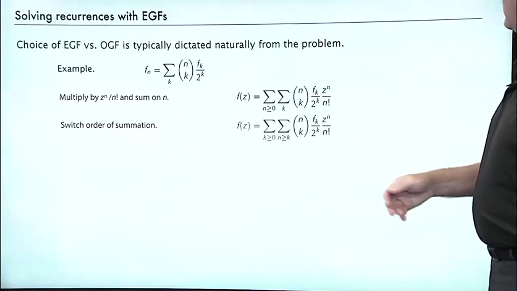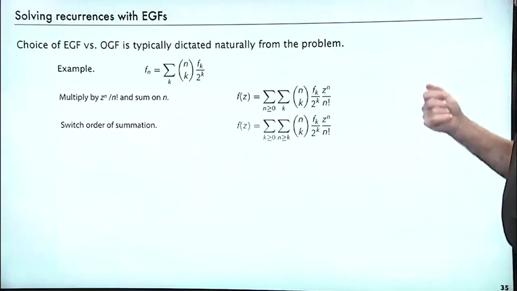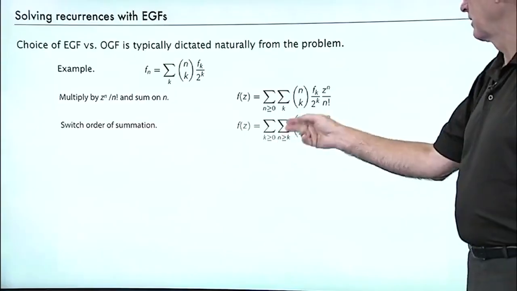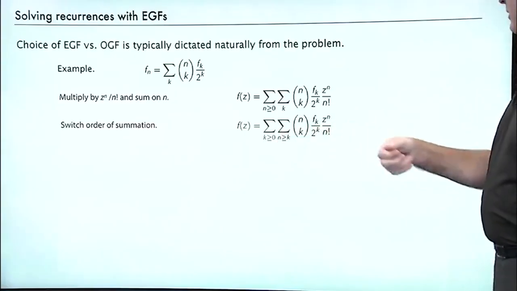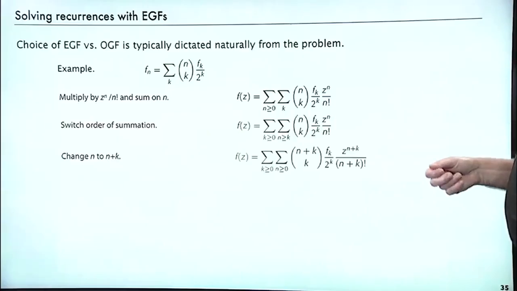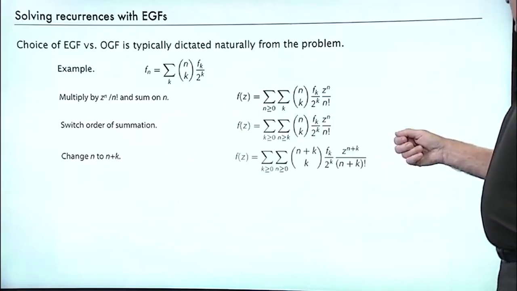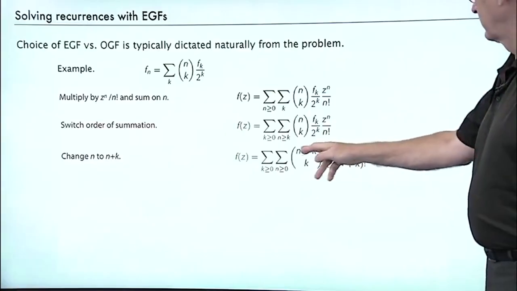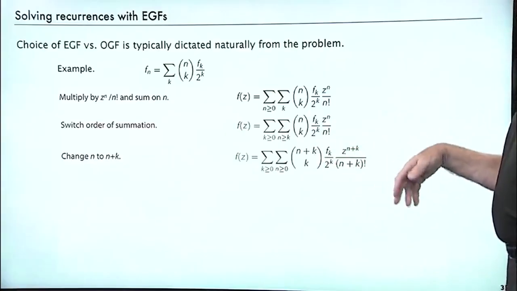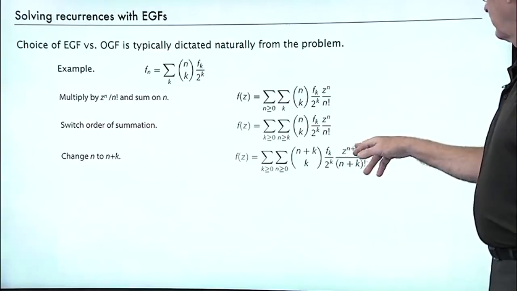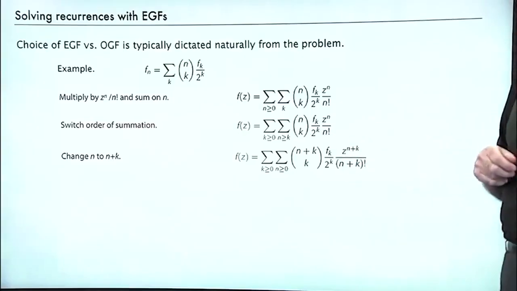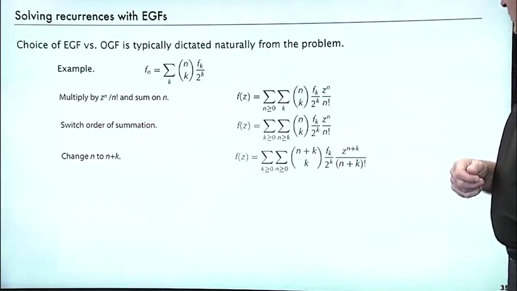So switch the order of summation. That's just switching the sums and keeping, now if it's all k, then n has got to be bigger than k. And then change n to n plus k. So that brings n plus k in the top of the binomial coefficient, and the exponent is z to the n plus k over n plus k factorial.